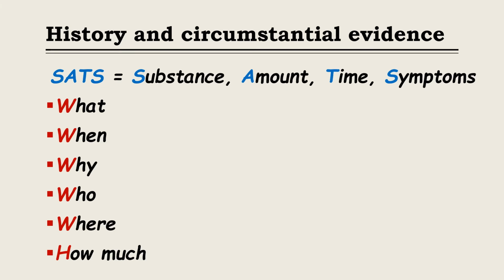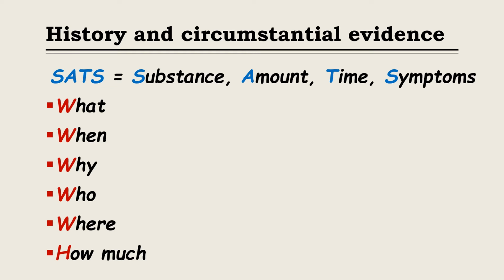We stress in the toxicological history also, beside all these items, that we should ask certain questions, starting with the W's. What did you take? The name of the poison, if you know. Second, how much did you take? The dose of the poison. When did you take it? This will be related to the treatment and specifically to gastric lavage. How did you take it?